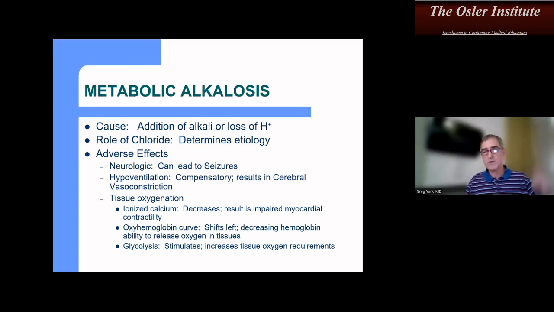It can lead to seizures, hypoventilation, etc. Tissue oxygenation, ionized calcium decreases, and you can have problems with cardiac contractility. We know that metabolic alkalosis causes the oxyhemoglobin curve to shift to the left, and that can obviously cause differences in offloading and uptaking of hemoglobin.